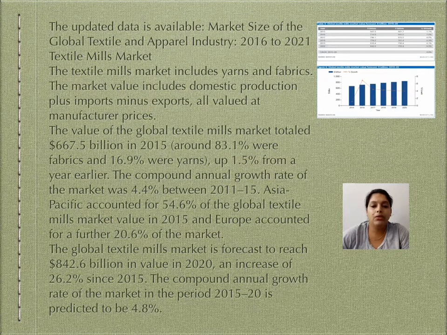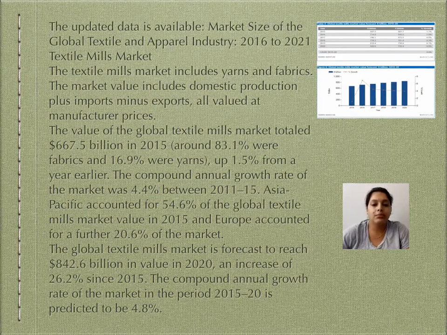The compound annual growth rate of the market was 4.4% between 2011 and 2015. Asia Pacific accounted for 54.6% of the global textile mills market value in 2015, and Europe accounted for a further 20.6% of the market value.